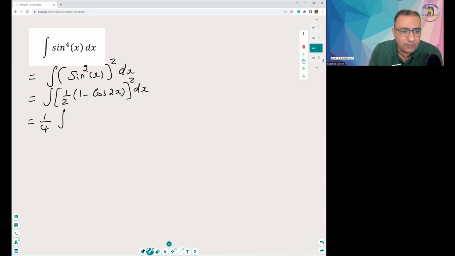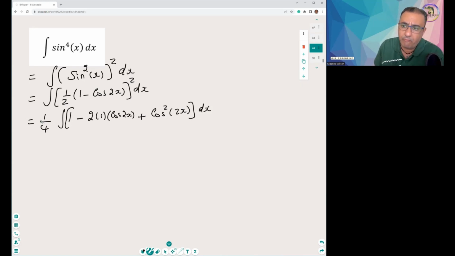So, the square of the first term, the square of the second term, which is cosine squared of 2x, and then twice the product of the first and second term, so minus 2 times 1 times cosine 2x. So I just expand this bracket, all to the power of 2. And 1/2 to the power of 2, I took it out as 1/4. And then, of course, all of this multiplied by dx.